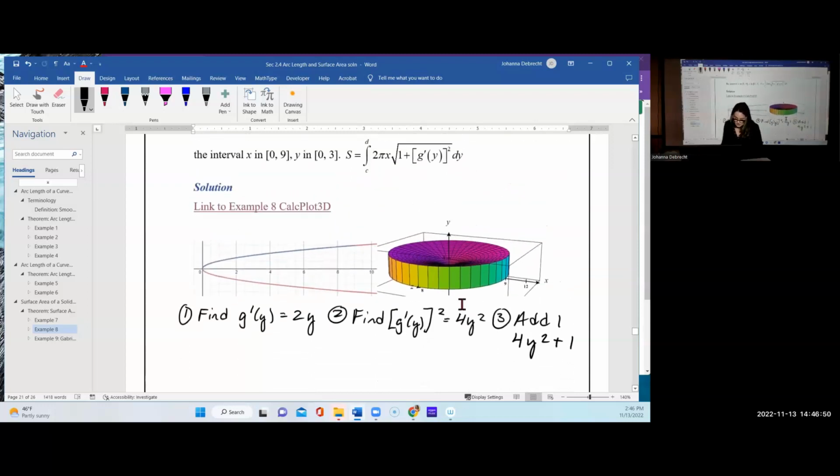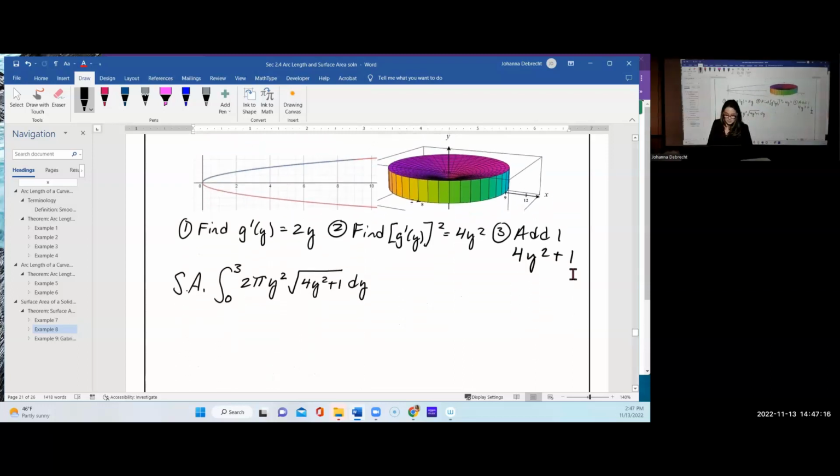So in our formula, we get that the surface area, now we have to integrate with respect to y, from 0 to 3 of 2 pi, replace x with the formula y squared times the square root of 4y squared plus 1 with respect to y. Now, how are you going to integrate it?